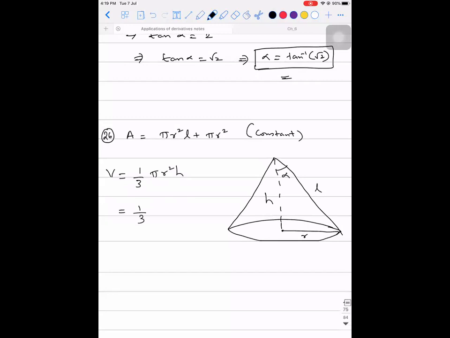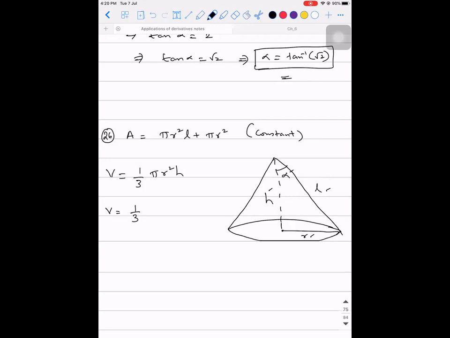So 1 by 3 into pi into, what is the value of r? Root over L square minus H square. Is there any way we can involve the angle alone? This problem will be slightly lengthy because you have 4 variables actually: H, R, L and alpha. It will be similar to the 24th one. Okay, we'll try to do.